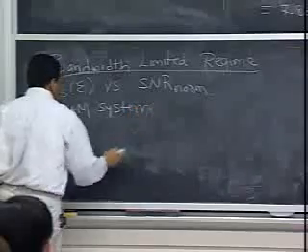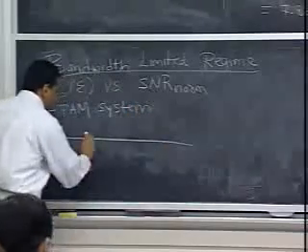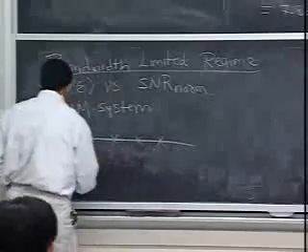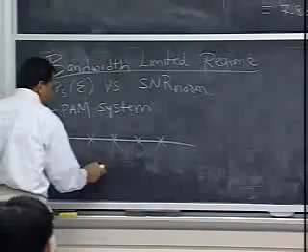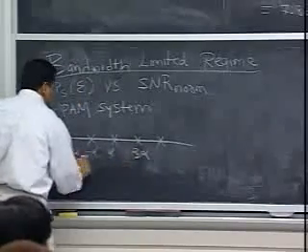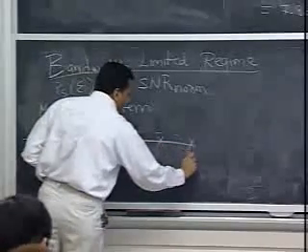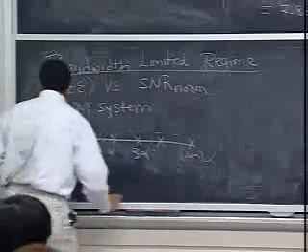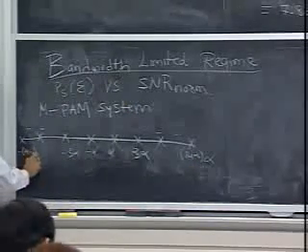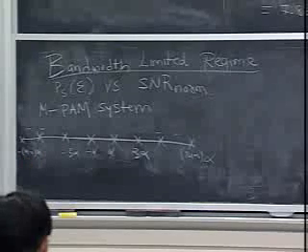So now your constellation is going to be minus alpha, alpha, 3 alpha, minus 3 alpha, and so on, up to m minus 1 alpha, and minus m minus 1 alpha. So this is your constellation.